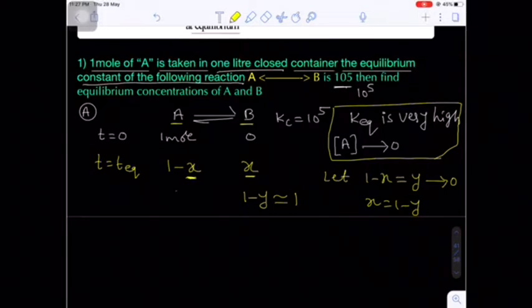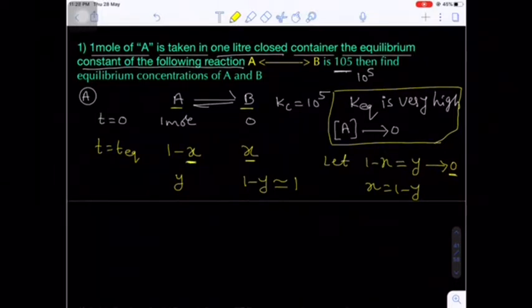This 1 minus x I am taking as y. This is an approximation. In terms of y, the x value is 1 minus y, and since y is almost 0, I simply take y as 0, so 1 minus 0 is equal to 1.